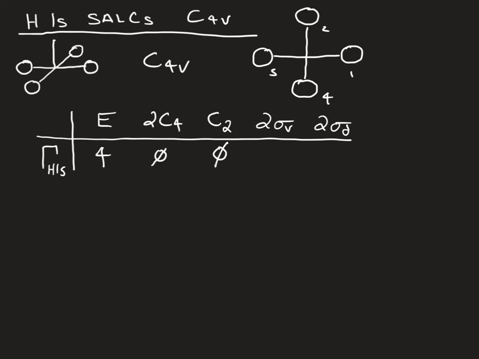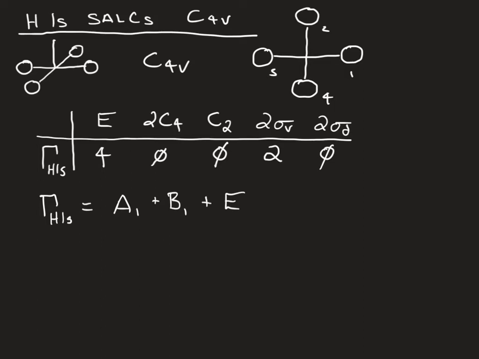The sigma V, and we'll look at a sigma V along that bond there. When you do that sigma V, the sigma 1 and the sigma 3 stay in the same place. 2 and 4 convert, so we have a 2. And then the sigma D, so the sigma D going along that way, we get a 0. And so this reducible representation for the hydrogen 1s, when you reduce this down, you get an A1 plus B1 plus an E representation.